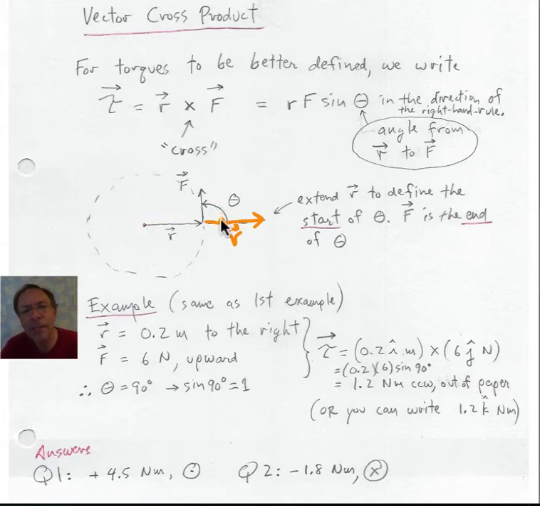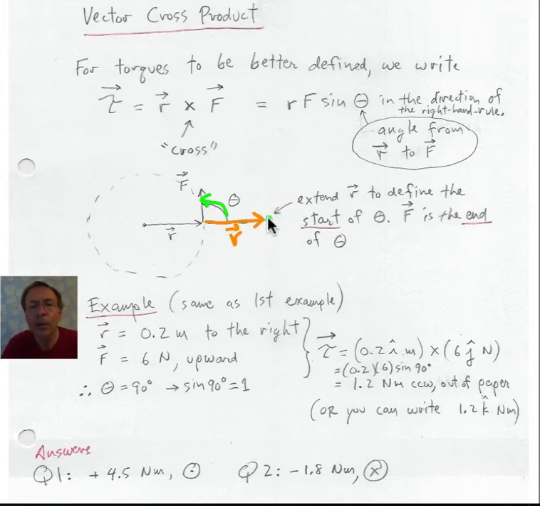But now you can see that you're going to turn the R vector like this. If you want to go from the R to the F vector, you're going counterclockwise, and that means that you're going to have the torque vector pointing towards you according to the right-hand rule.